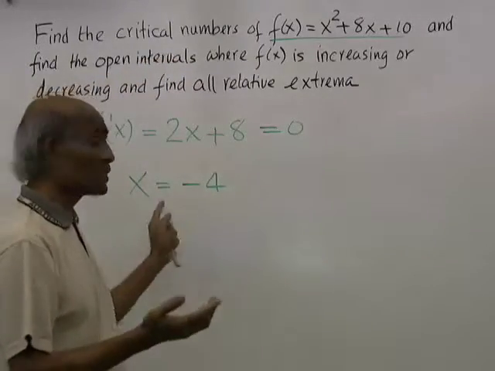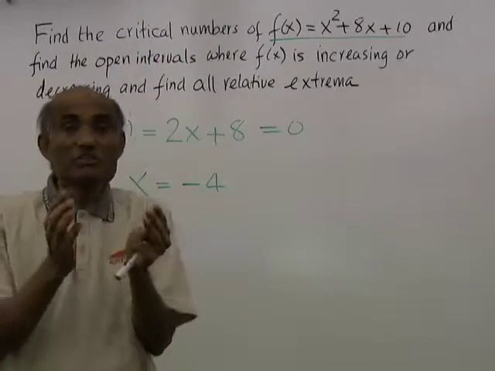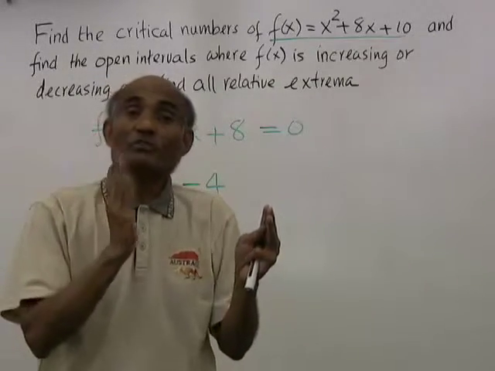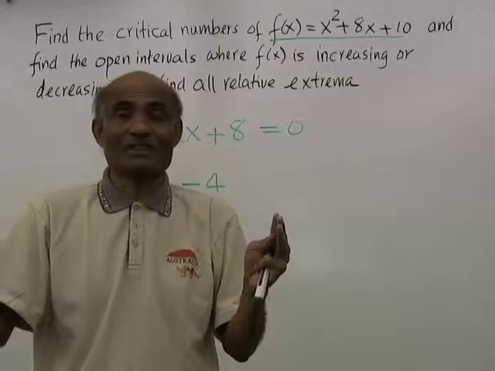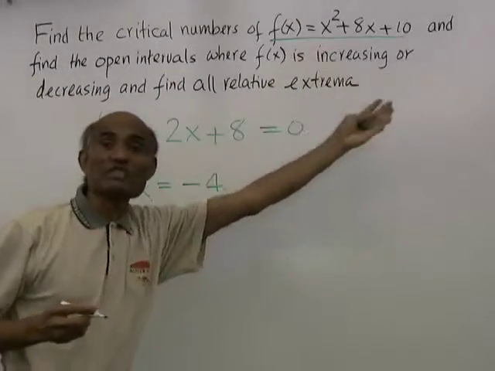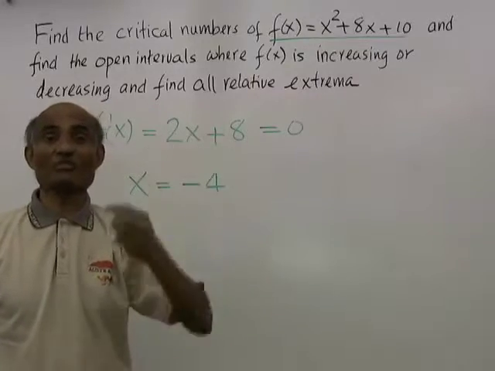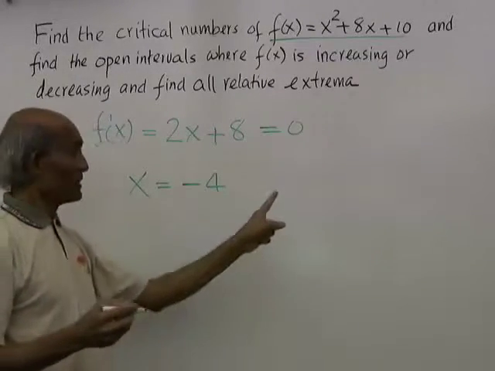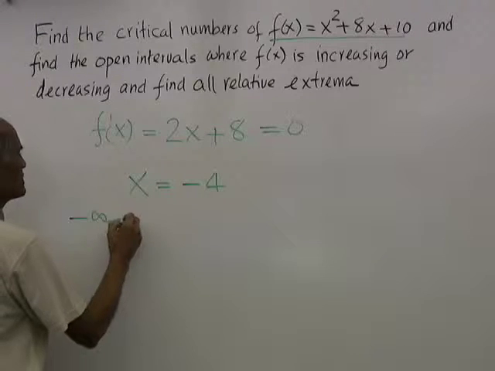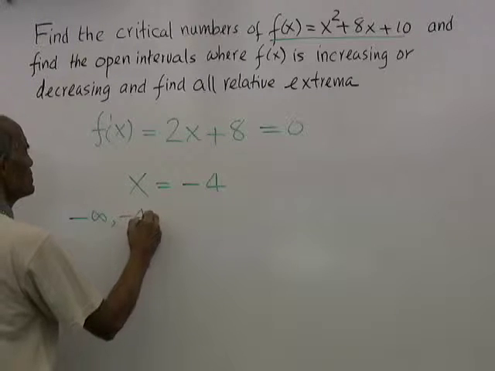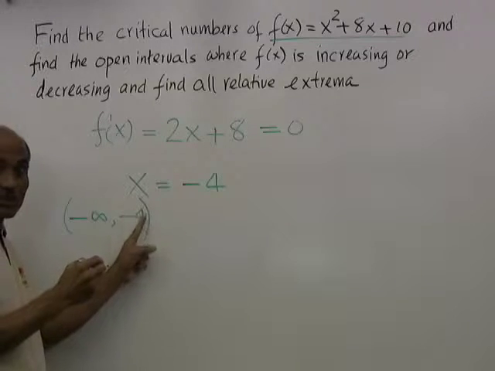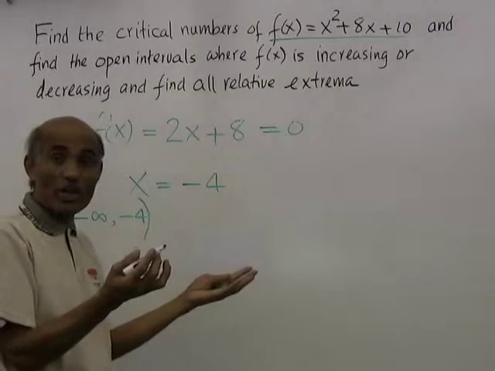Now, what the critical number does is to divide the whole domain of the function into two intervals. Now, the domain of this function is -infinity to +infinity. Now, this critical number divides it into an interval -infinity to -4. Now look at the open interval. The end points are not included.